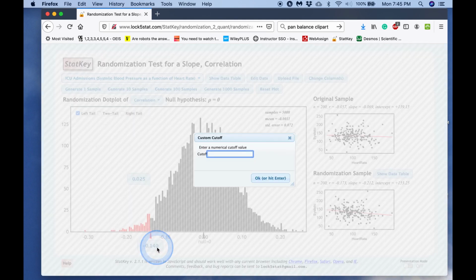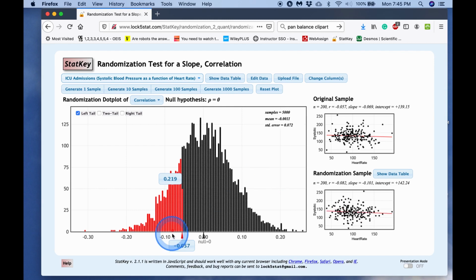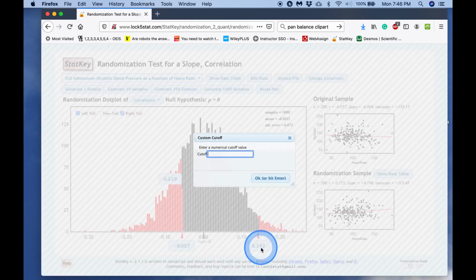We saw an observed correlation of negative 0.057, and we can see that roughly 21.9% of all of the dots land at or to the left of negative 0.057. All right, now we have to tack on a corresponding right tail, and we could double this value, but let's go ahead and have StatKey just calculate the right tail for us as well. So we'll type in right tail and we'll put in 0.057.